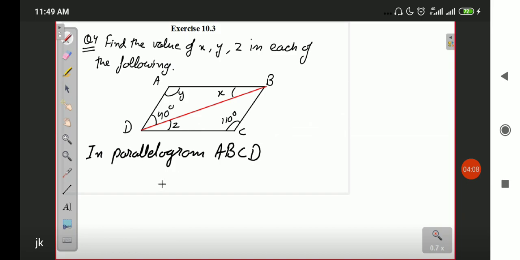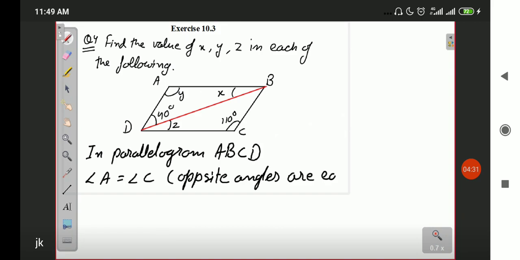So angle A will be equal to angle C. Why? Because opposite angles are equal. Such reasons are to be written by you for every step. Angle A was y and angle C was 110 degrees. So the value of y is 110 degrees.